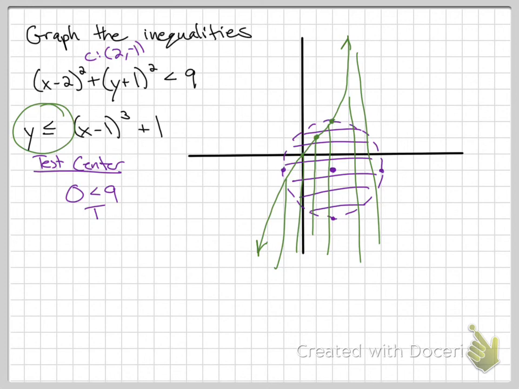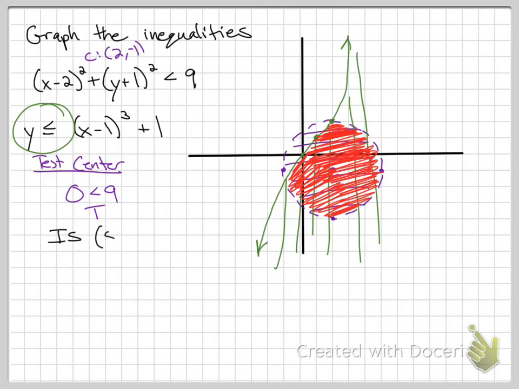And then to answer the question, I shade really darkly, if I'm using pencil, or I shade it in with another color. The solution is just where the shading overlaps. So if I asked you, is 5, -4 a solution?